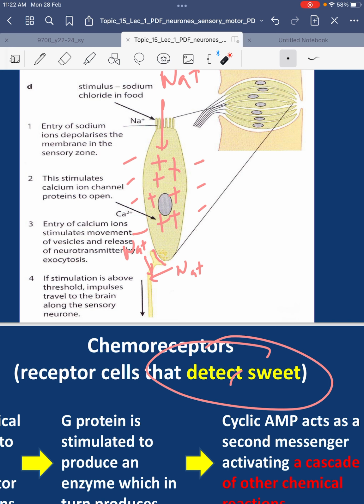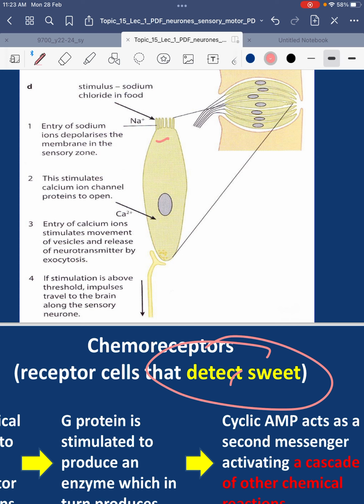So nerve impulse has to do with making inside positive, outside negative. If that happens, then action potential will occur and will travel down. Like in this case, as the action potential travels down, calcium enters.